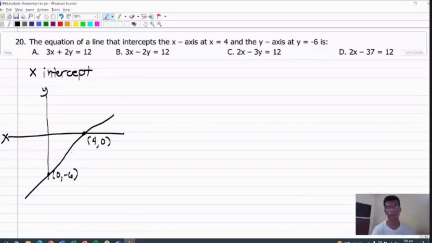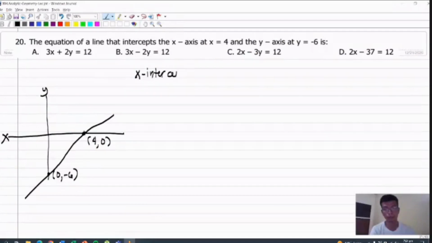meron tayong pang-apat na form na ginagamit, di ba? And that is by using the intercepts. So the x-intercept is 4 and the y-intercept is negative 6.